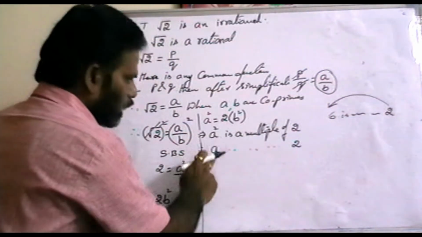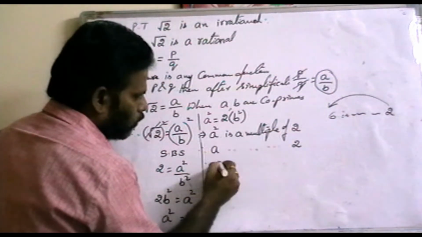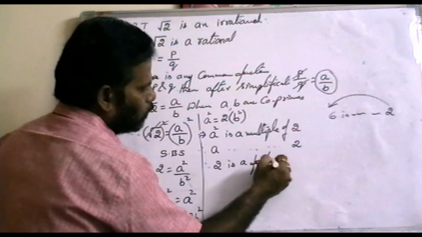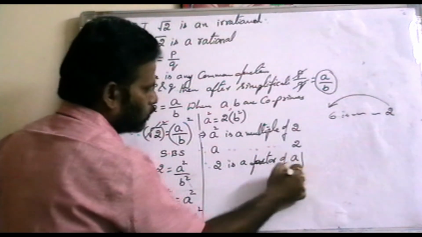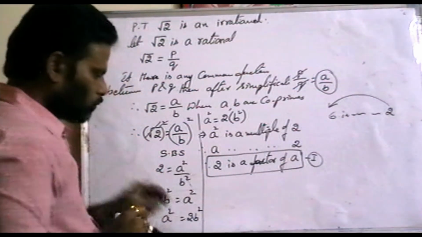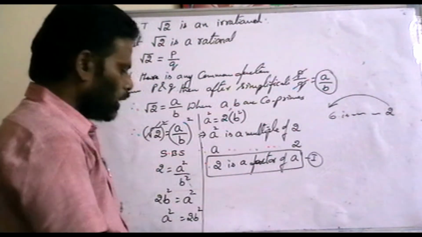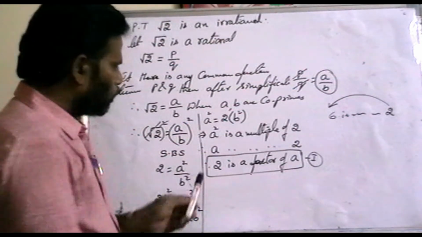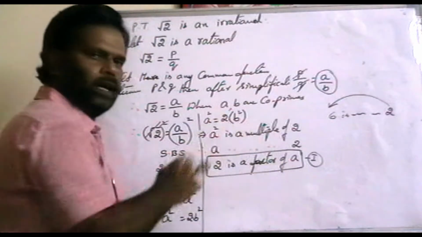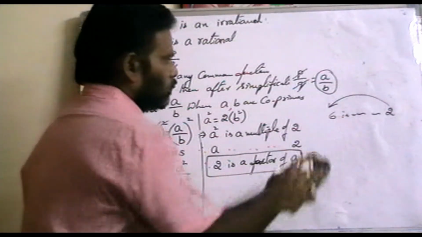Right? If a is a multiple of 2, therefore 2 is a factor of a. That is equation number 1.